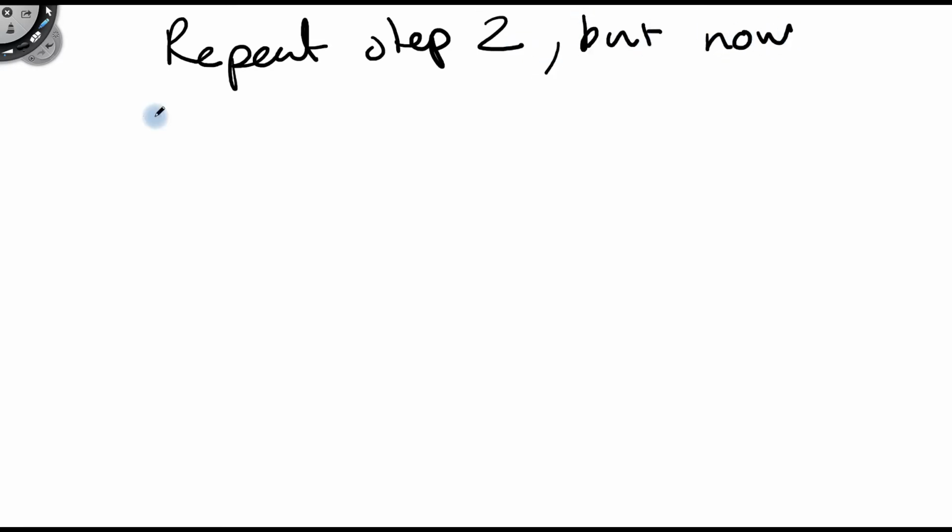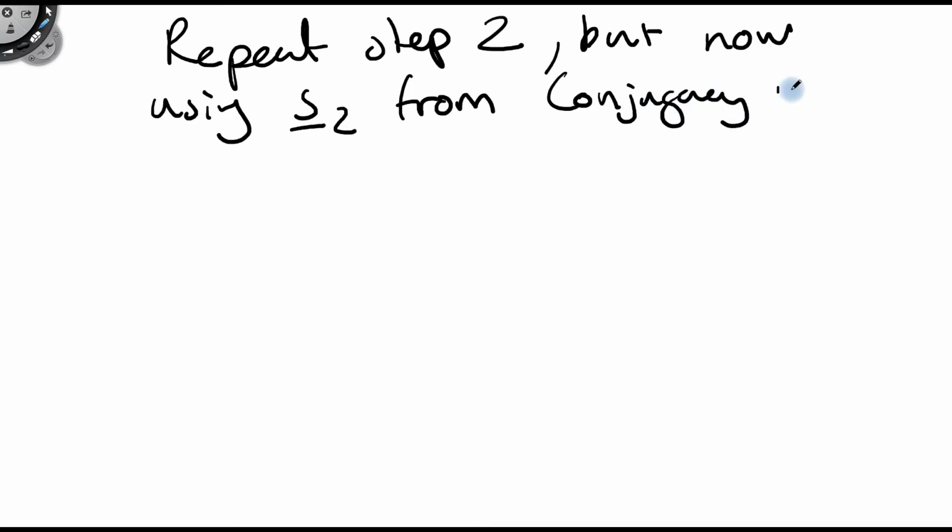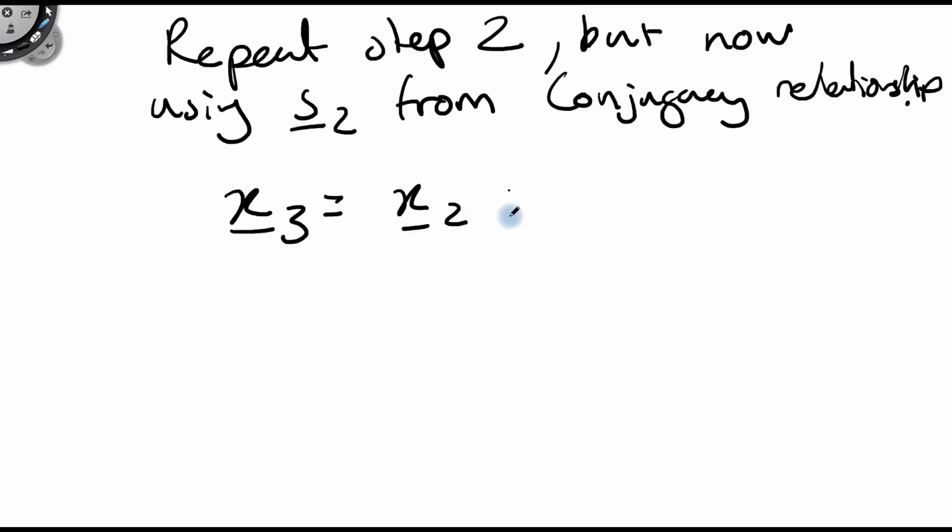So we're going to repeat step 2, if you like, but now using S2 from the conjugacy relationship. We now construct x3 is x2 plus alpha s2. Alpha in this case is alpha 2. We're just dropping the subscript on the alpha to make it a little easier.